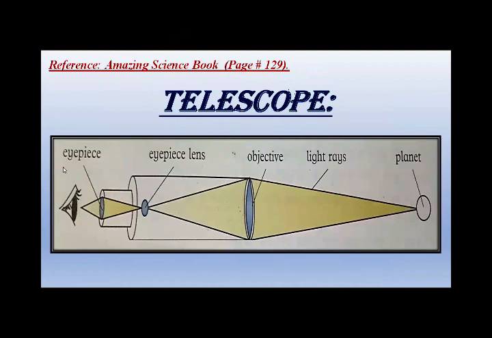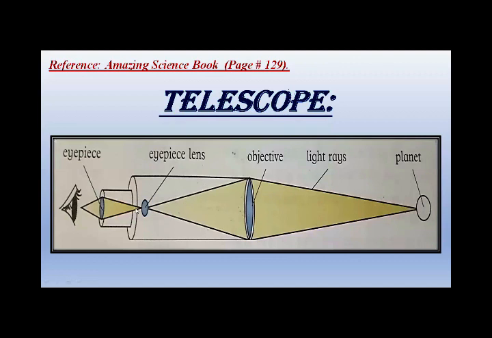What is a telescope actually? The simplest form of telescope has two lenses mounted in a long tube. Remember, students, there are two lenses. The first one is the objective lens, and the next one is the eyepiece lens. These two lenses are convex lenses.